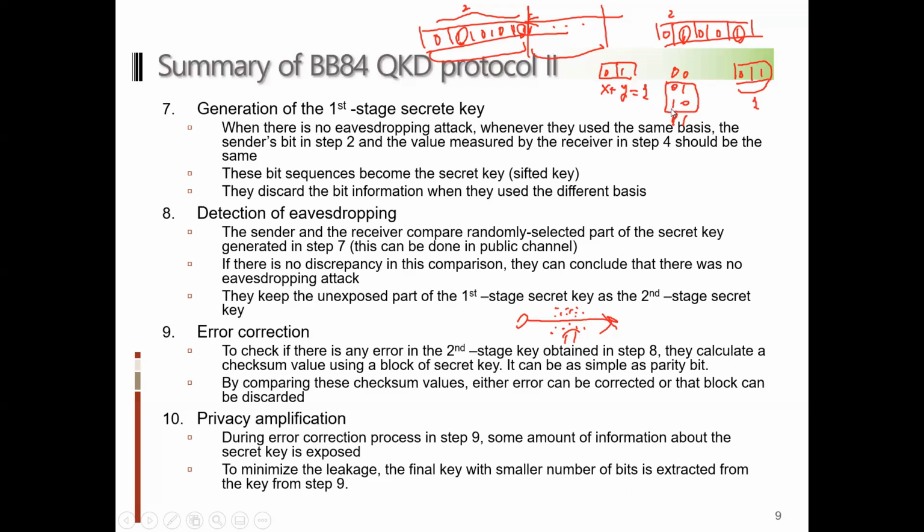So you actually have to reduce your key length. The typical way to reduce the key length so that you have only the necessary number of random bits is this: if you have 4 bits, but you feel that 1 bit of information is somehow leaked, then you will keep only 3 bits.